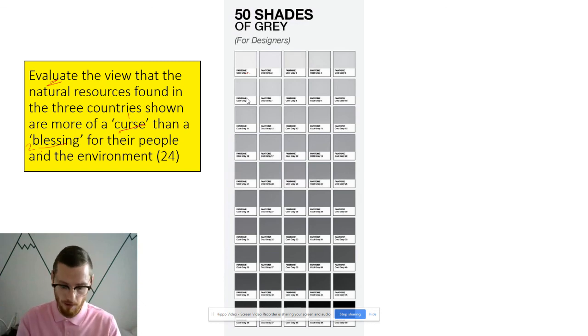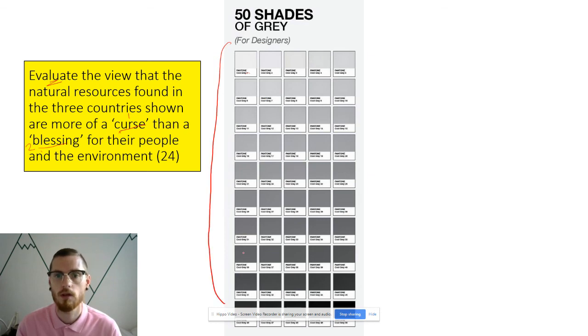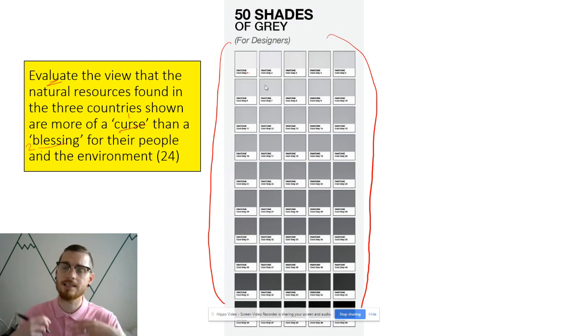Or even if we thought about 50 Shades of Grey for one side of the argument, if this was all side one of your argument, if this was all about, okay, resources being a curse, okay, between all the points that you can make about it being a curse, okay, there are going to be shades of importance to the points you make. And let's say then you looked at the other side of the argument and you thought again about 50 Shades of Grey, or the point on the other side about it being a blessing, okay, there's going to be differences, okay, within that side as well.